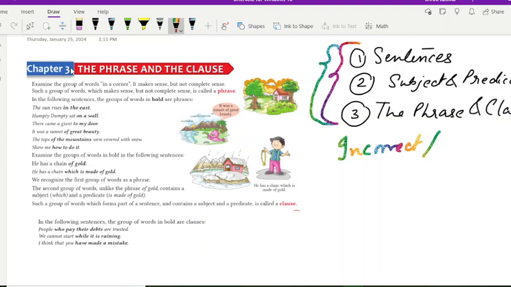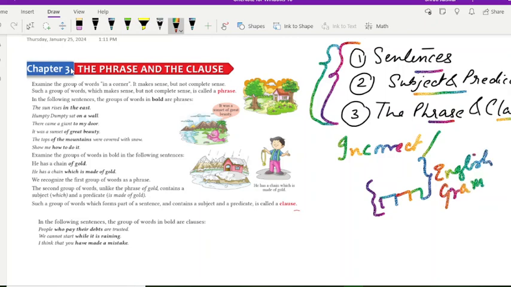You don't have to memorize everything, but you have to understand what is a sentence, what is subject and predicate, and what are phrase and clause, because they are the most basic thing of this complete English grammar, right? So let's start this session.